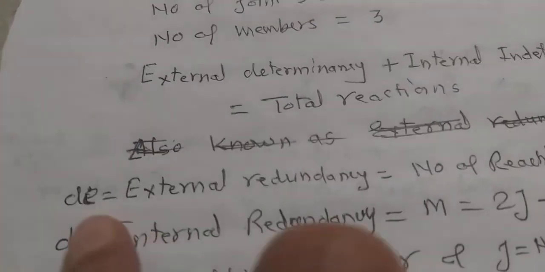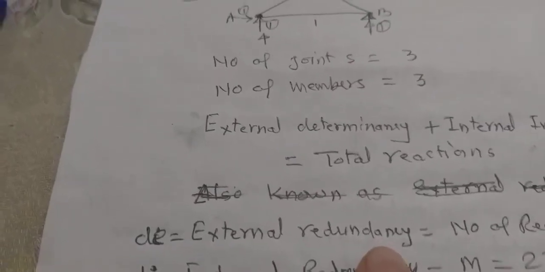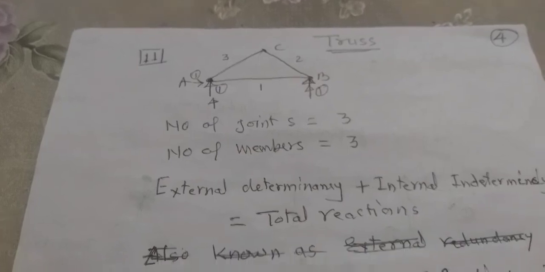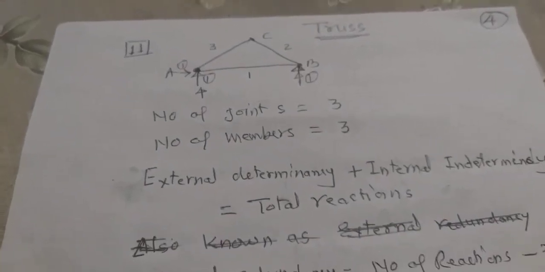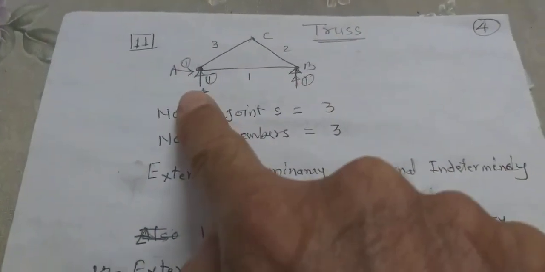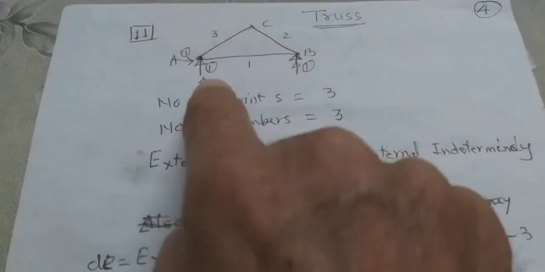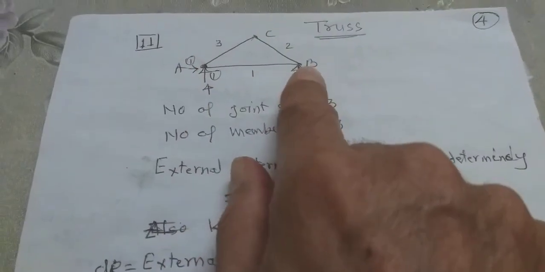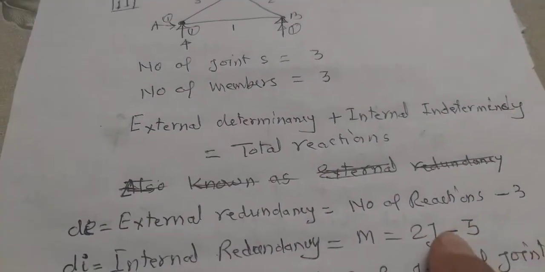Now DE is called the external redundancy. As we are doing in the case of the beam, we are only talking about the reactions. One is simple support and the other is hinge, so it has got 2 reactions, it has got 1 reaction, the total reaction comes out to be 3.